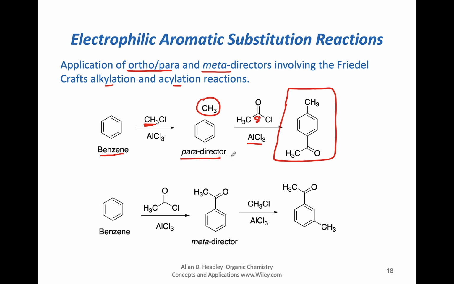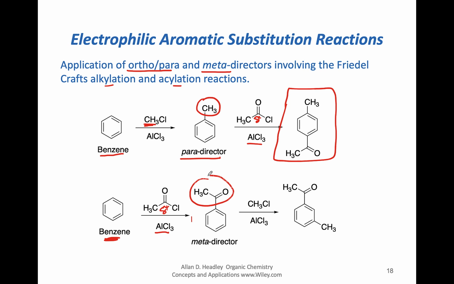But if you should change the sequence of reactions as shown here, so in this case, same starting material, benzene, but do the Friedel Crafts acylation this time, reacting the acid chloride with the benzene in the catalyst, we get this group.